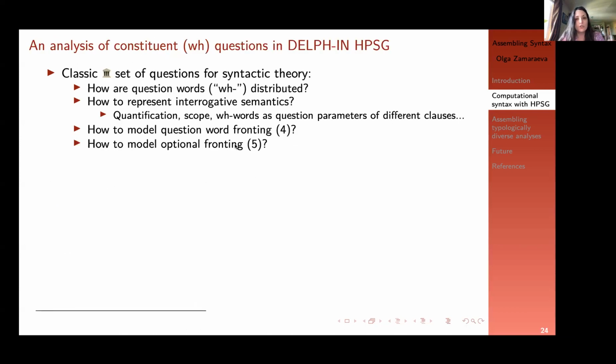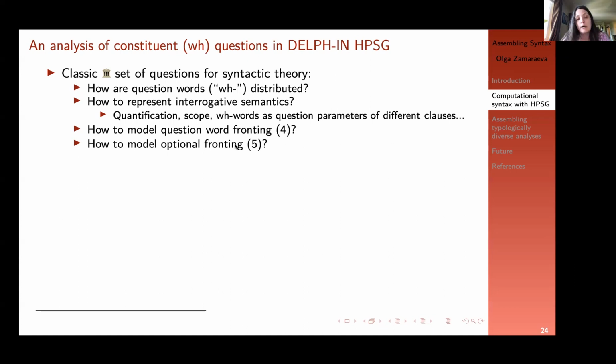And now I will just summarize what I did in my dissertation in this Delphin HPSG framework, and that is an analysis of constituent questions. I will start by saying that this is, of course, a classic topic in syntactic theory, which concerns itself with questions like how are question words distributed in languages, how do we represent interrogative semantics, how do we compute interrogative semantics off of the syntax tree.